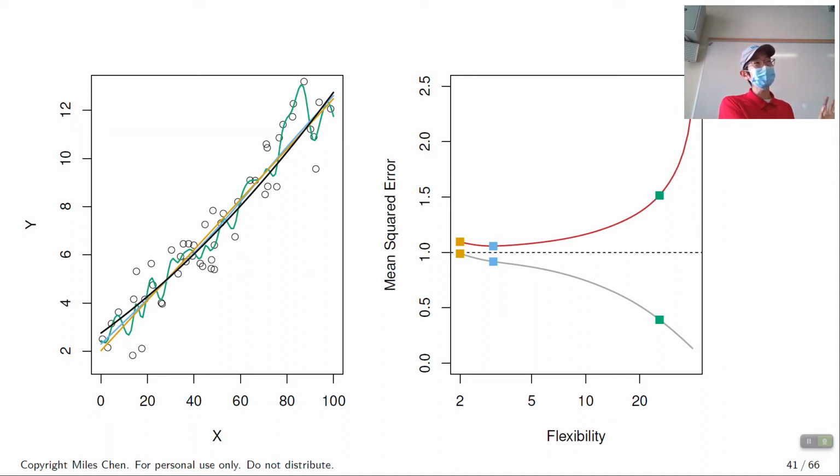If you set it to a low amount, you have more flexibility. If you punish the curvature a high amount, you have less flexibility. And if you punish it a certain amount, it becomes a linear model. So you can adjust a parameter to get different measures of flexibility.